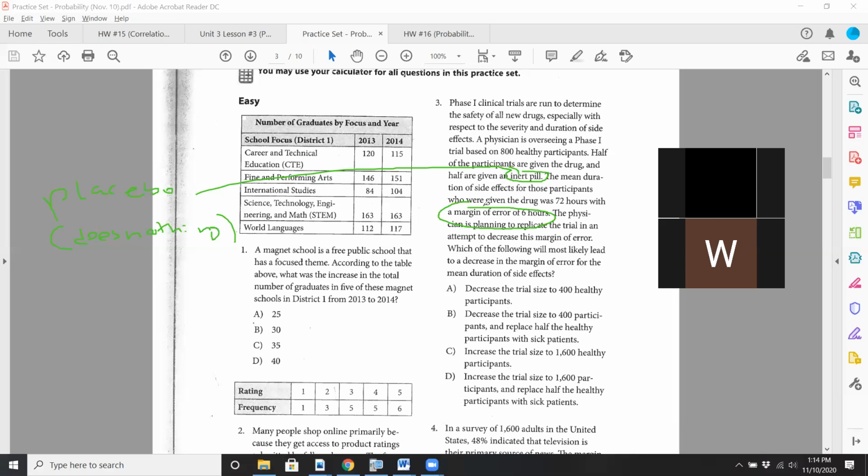What that means is that they ask people how long they had side effects, right? So 72 hours was probably the mean. The margin of error, we haven't done that yet. We will do that later on, but basically, they're not 100% sure if it's 72 hours. Maybe some people had it for 78 hours, or maybe some people had it for 6 hours. So that seems to be a pretty wide range. Yeah, narrow that gap.